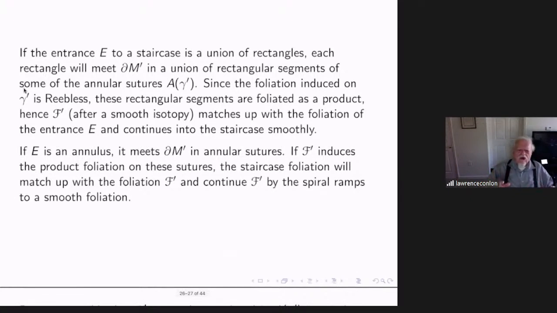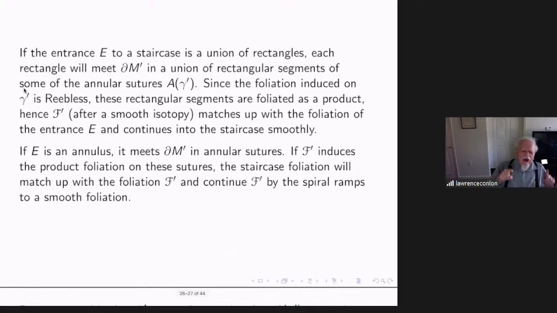Since the foliation induced on gamma prime is assumed to be redless, these rectangular segments are foliated as a product. And so after a smooth isotopy, F prime actually matches up with the foliation of the entrance to the staircase and just continues by the depth one leaves in the staircase to a smooth foliation.